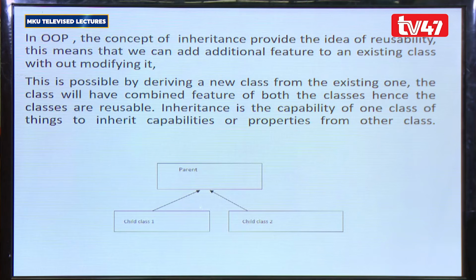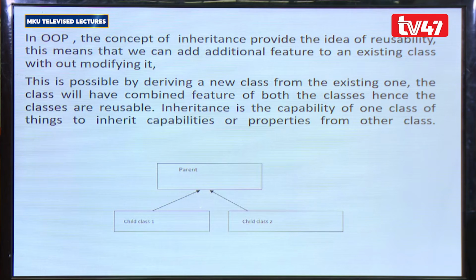It is possible to derive a new class from an existing one because of this concept, and the derived class will have combined features of both classes. Hence, the classes are reusable.